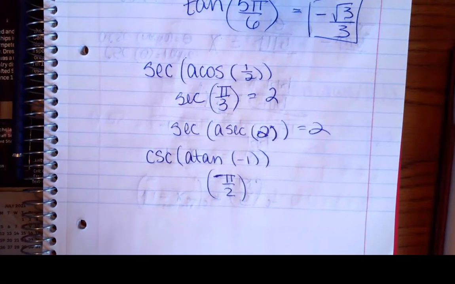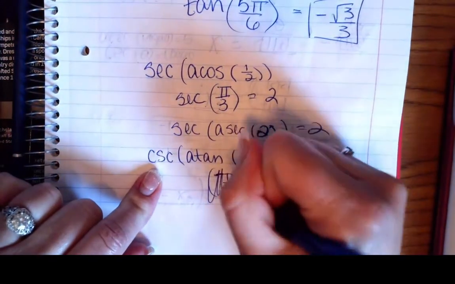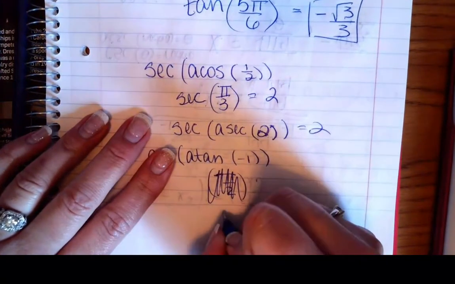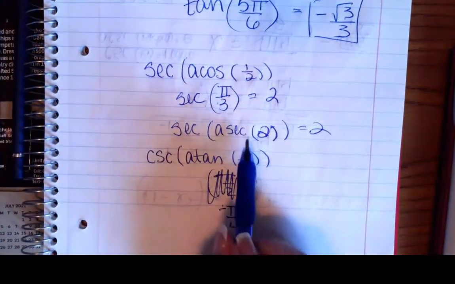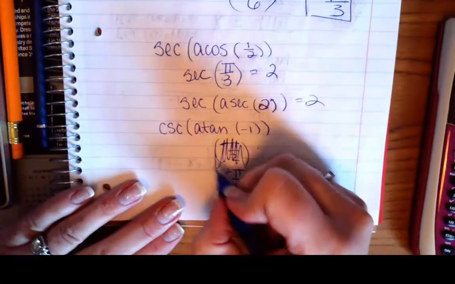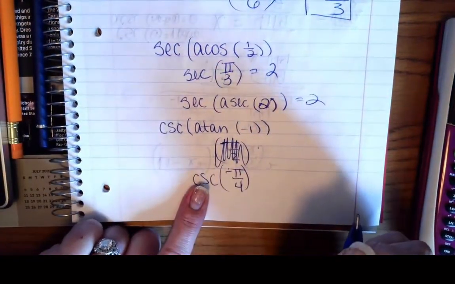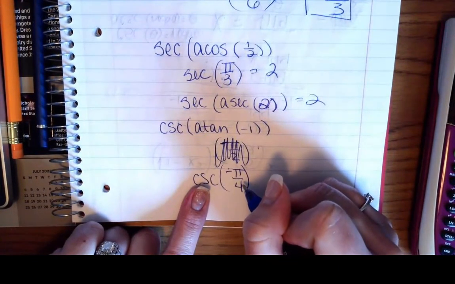No, what am I doing? I'm looking at secant. I am so sorry. Start this problem over. Where does tangent have a ratio of -1? In quadrant 4, it's at -pi/4, because sine and cosine have to be the same. Sorry, I had a brain fritz for a second. So what is the cosecant, which is the reciprocal of sine, at -pi/4?